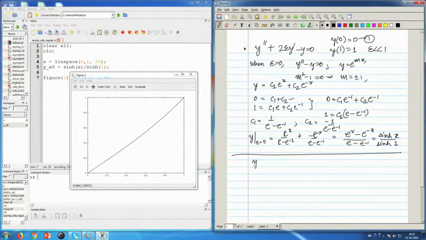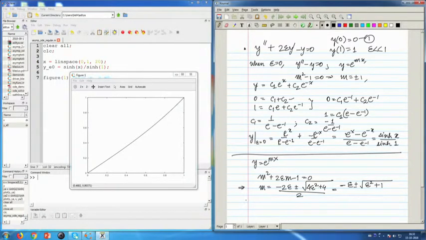So, we have y equal to e raised to mx as the prototype form of the solution, and thus we have m square plus 2 epsilon m minus 1 equal to 0, which implies m equal to minus 2 epsilon plus minus under root 4 epsilon square plus 4, divided by 2, which is also equal to minus epsilon plus minus under root epsilon square plus 1.